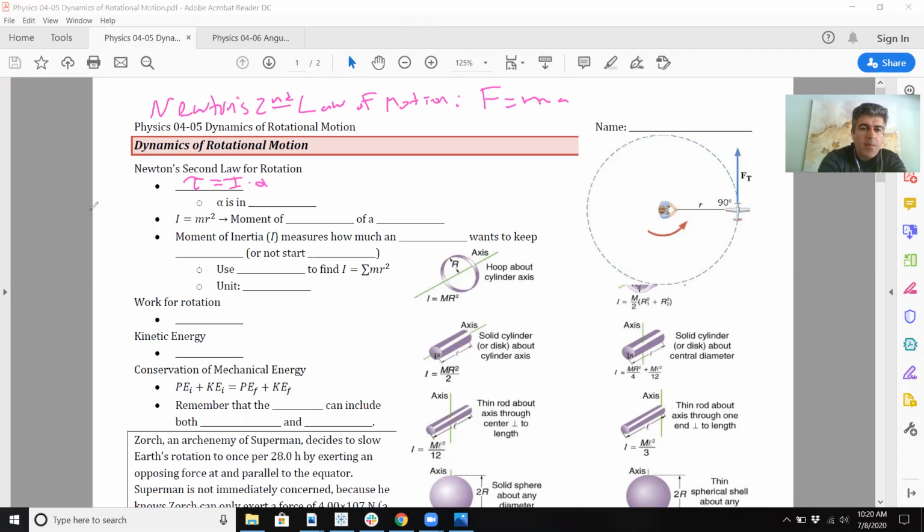So remember, the tau, that's like force. I mean, of course, it's torque. Actually, I probably should write like this. The I is inertia, which is kind of like mass.